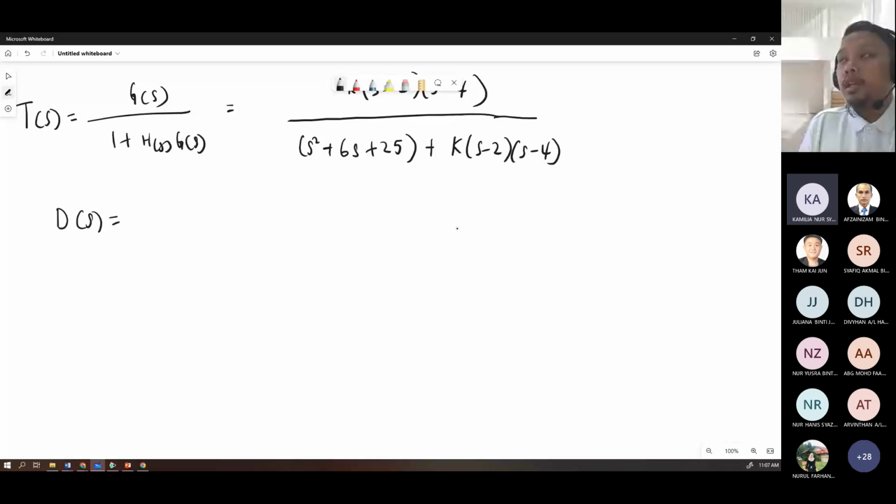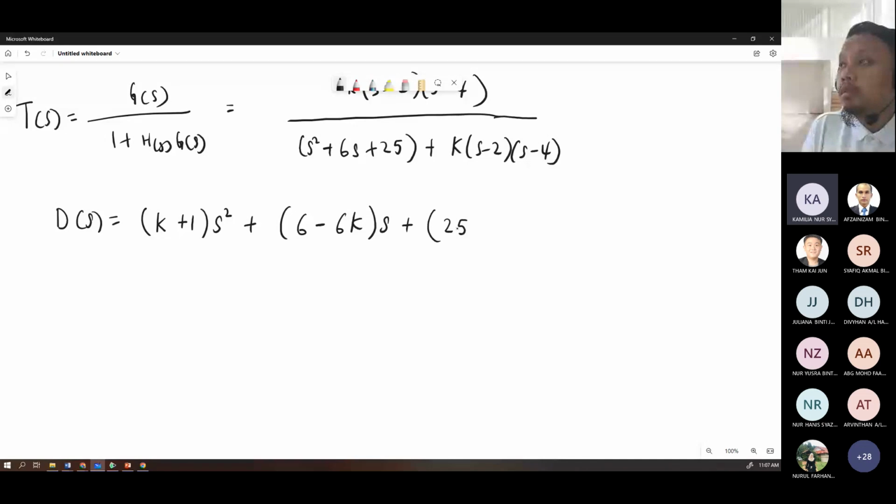Yes, expand and collect the coefficients. Okay, so you can check later whether I did it correctly or not.